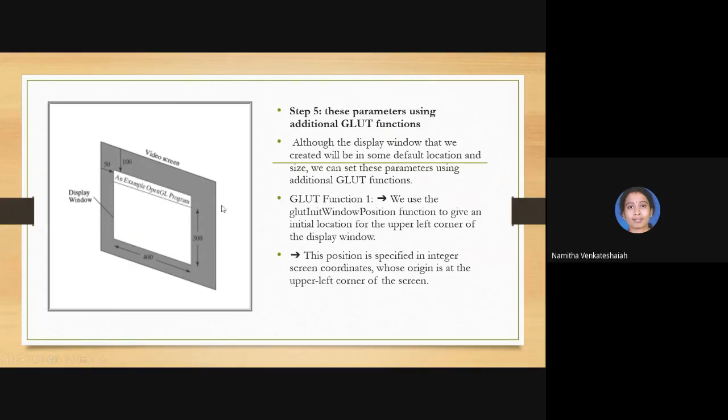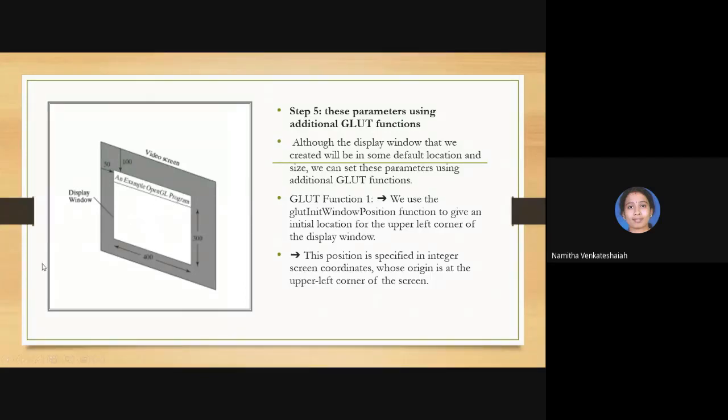This is the video screen, that means your computer monitor, under which I want to have the display window of dimension 400, 300. The distance from the y-axis is 50, and from the x-axis it is 100. Look here, this will be the origin. And I want this window to be titled an example OpenGL program.